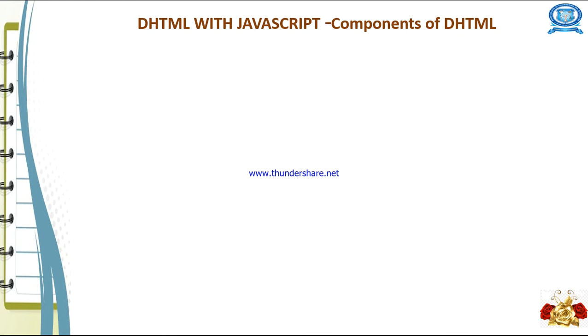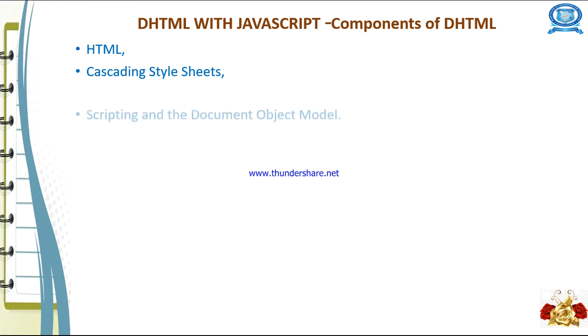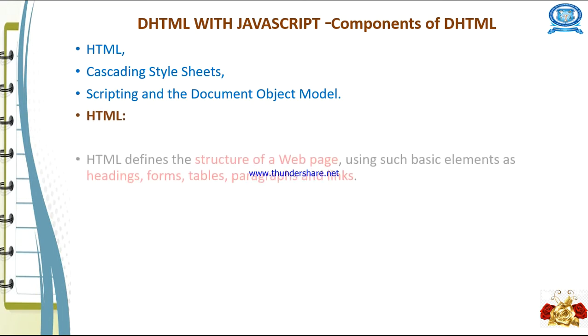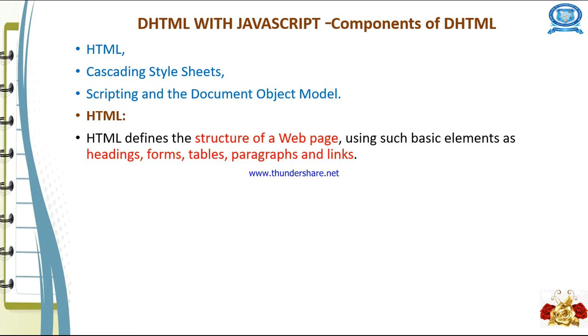Next, what are the components of DHTML? The components are HTML, CSS (cascading style sheet), scripting, and DOM (document object model). First, HTML.